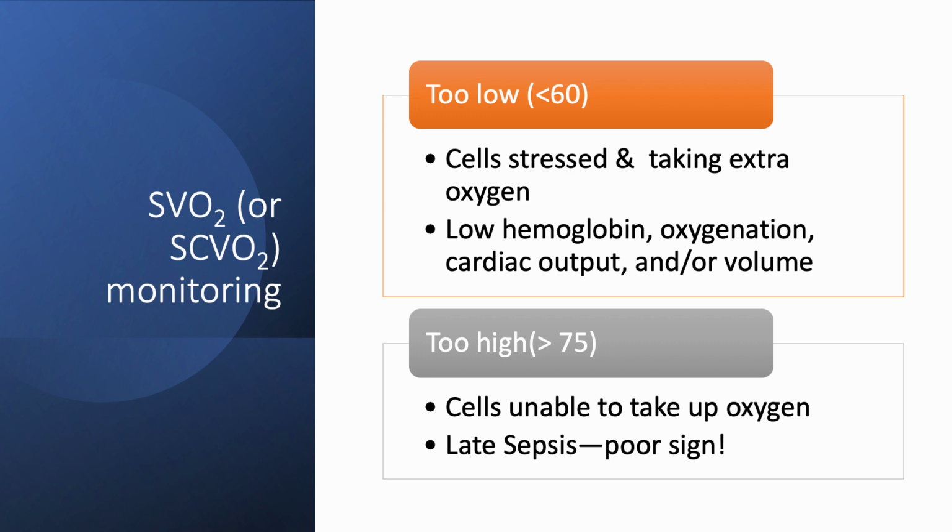If it's too high or greater than 75%, that suggests cells are unable to take up oxygen, which can be a sign of impaired cellular metabolism. In late sepsis, this is a poor prognostic sign as it indicates severe dysfunction in oxygen utilization by the tissues.